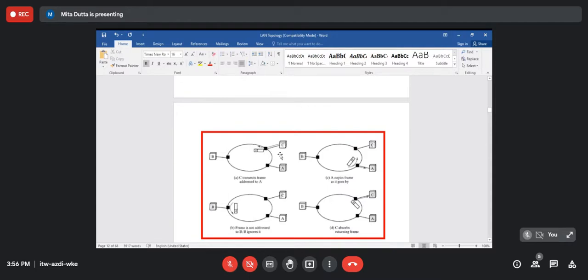Say station C sends information for A, so it will mention the address of A on its data packet. We have assumed counterclockwise rotation of the signal, so it will come to B. B will check and find that it is not meant for it, because the address of B does not match with the address here.